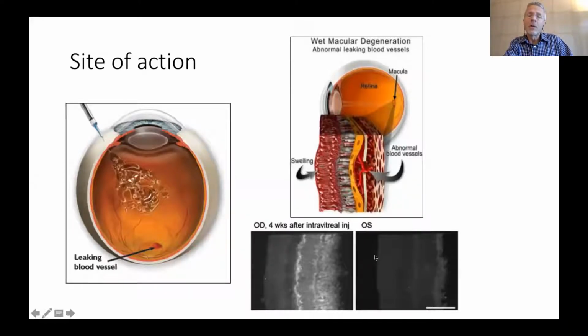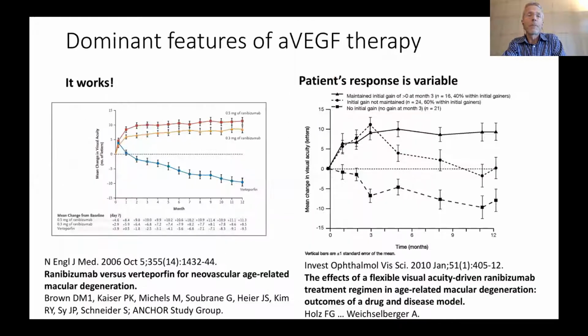This is an uninjected eye serving as a negative control, which makes it obvious where the injected antibody is. So antibody that's injected into the vitreous is able to get through the retina and access the pathological blood vessels, even those behind the retina, as is the case in AMD. So this is the way the drugs that are usually used are administered.